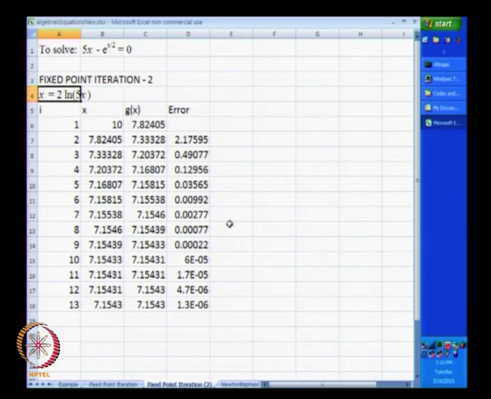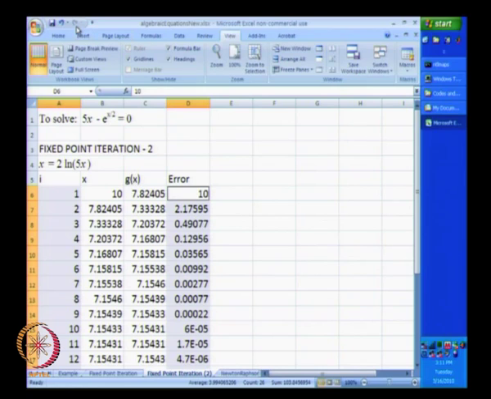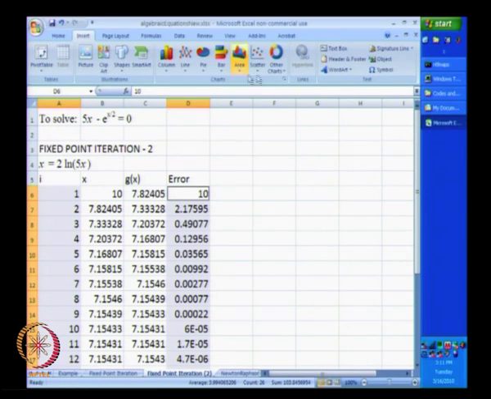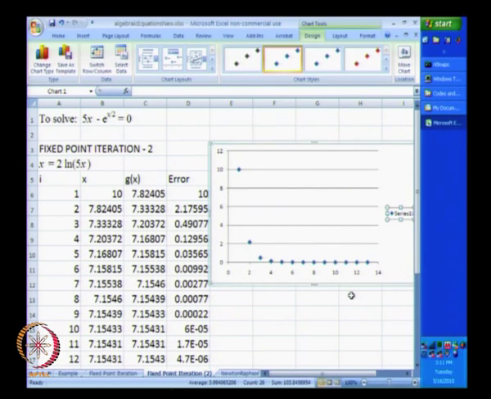Okay. And then the final thing is what we can do is plot our error against the iteration number. I will just do this particular plotting over here, and I will essentially try to plot this on a log scale, and we will have to go away from this, insert scatter plot that we will insert. Okay.